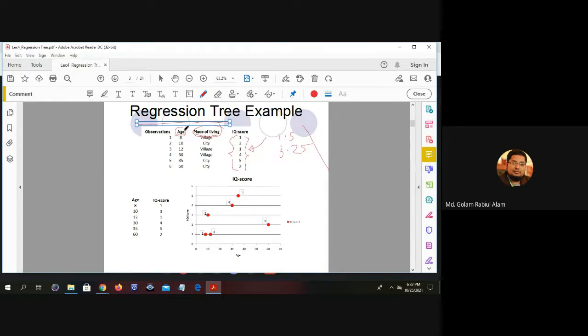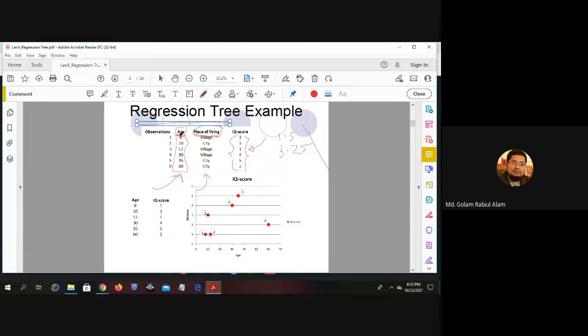Now, second thing, we have to look at the independent variables, that means the features. One feature is age, another feature is place of living. In the case of age, these are numerical values, not ordinal numbers or categorical values.